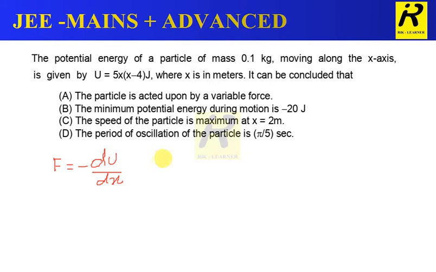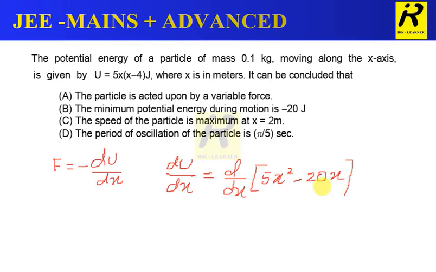For that I am doing one differentiation, dU by dx, which is d by dx of, inside the bracket, 5x square minus 20x. So I just opened the bracket and multiplied by 5x.